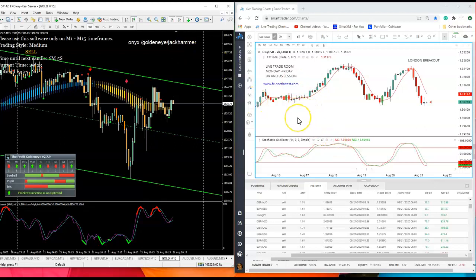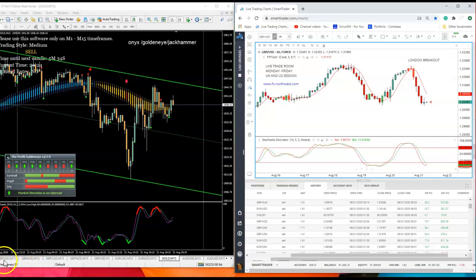So what I do on my chart is look for a candlestick pattern around the London breakout, around the opening of the London Open. This is the pound USD, and I noticed it developed an evening star. I waited for price to close below this Tilson 3 line that I have on my Smart Trader charting.